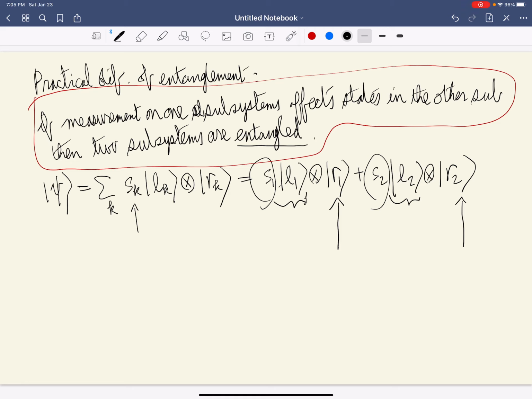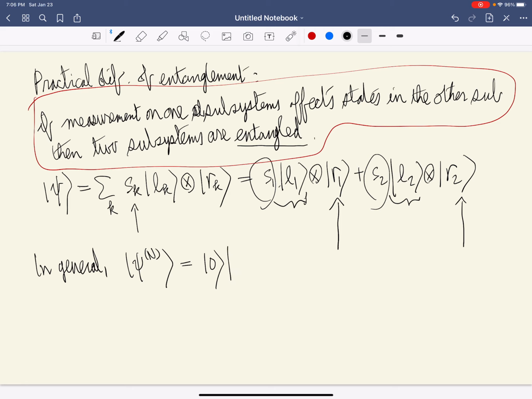Okay, so now you can make this argument slightly more formal. Because in general, you can write the wave function for the n-qubit system in the following fashion. For the first qubit, the state is either 0 or 1.